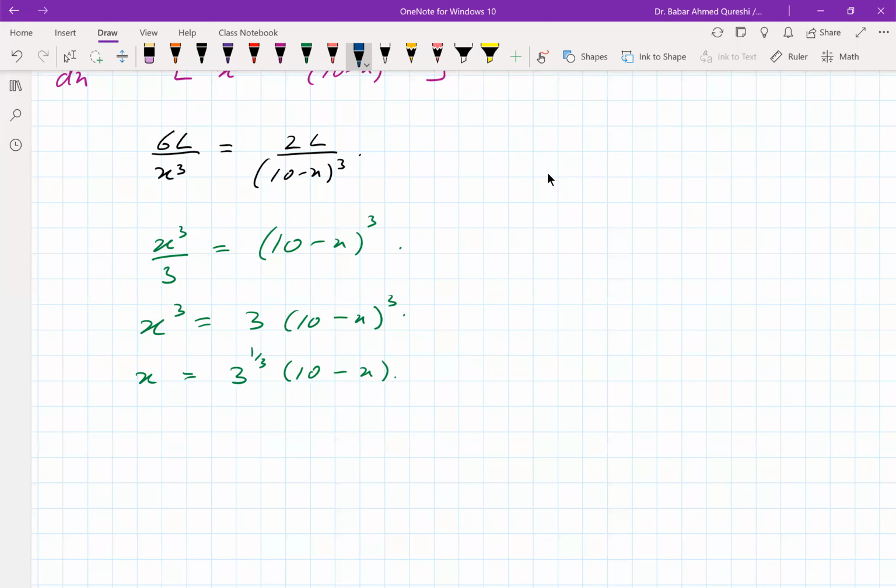So I have x times (1 plus cube root of 3) is equal to cube root of 3 times 10, and x becomes this.